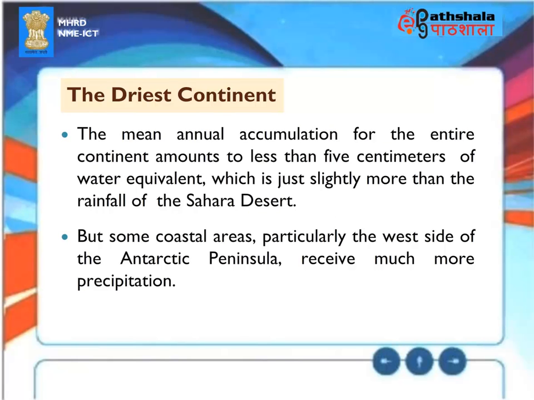The mean annual accumulation for the entire continent amounts to less than 5 centimeters of water equivalent, which is just slightly more than the rainfall of the Sahara Desert. But some coastal areas, particularly the west side of the Antarctic Peninsula, receive much more precipitation.